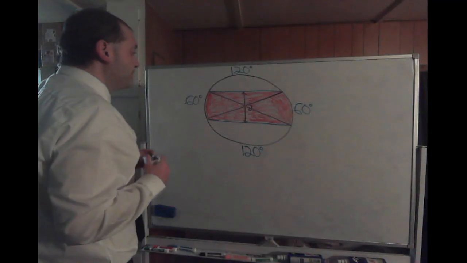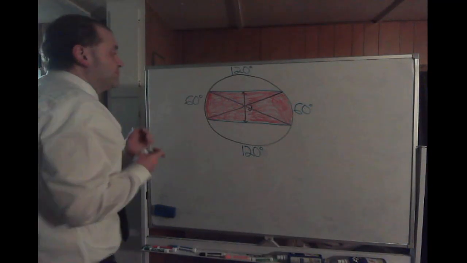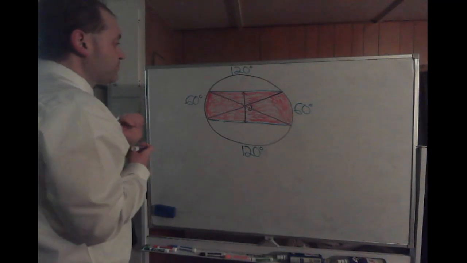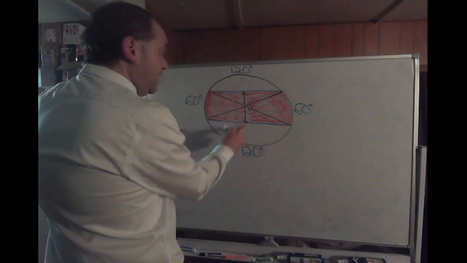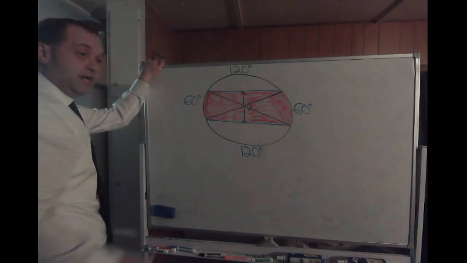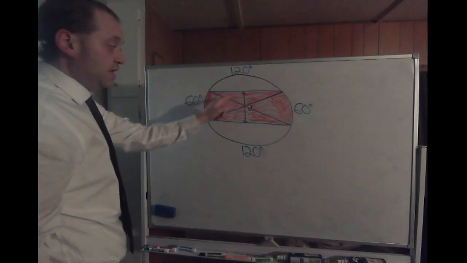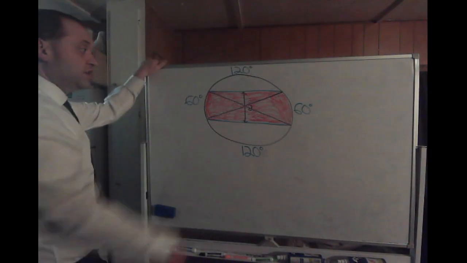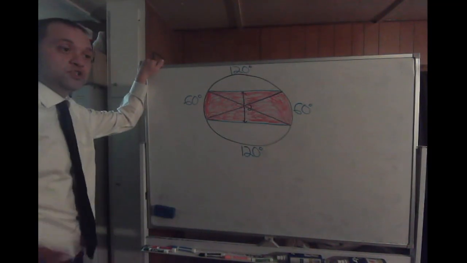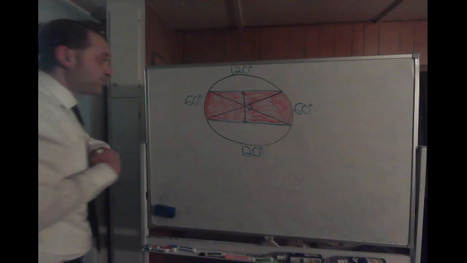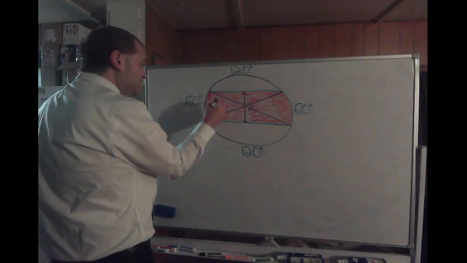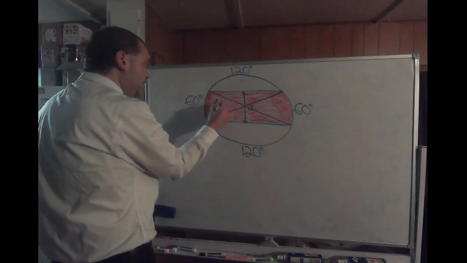So, now you have four right triangles, right? You have four right triangles that are congruent to each other, then you have two sectors that are congruent to each other. That's how you're going to do this. We'll call this sector area 1.